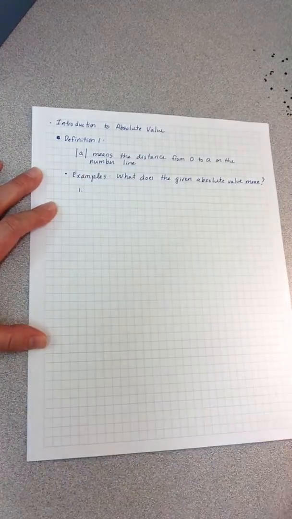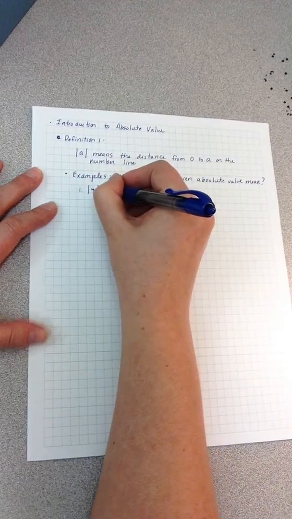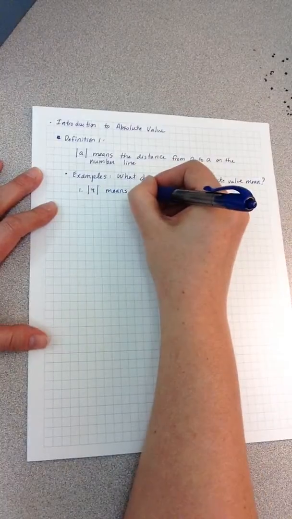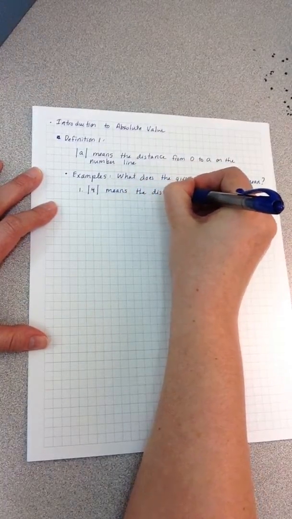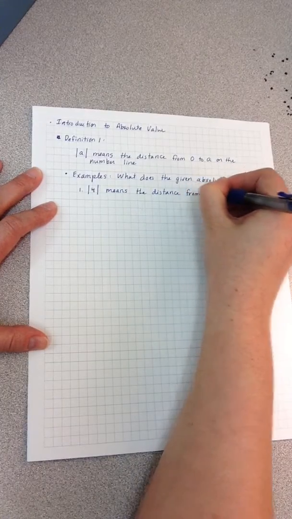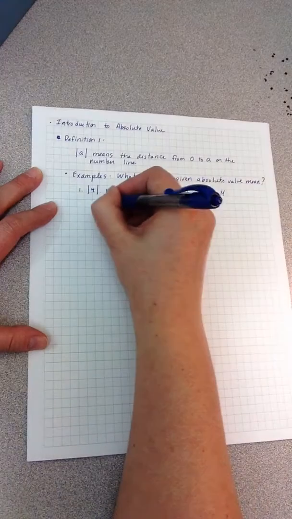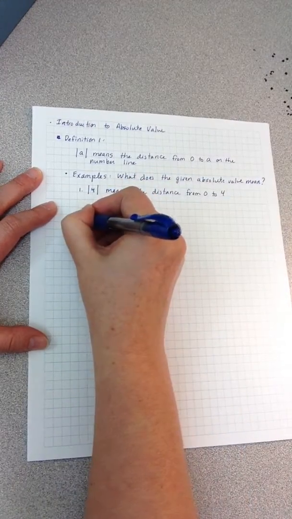So example 1, absolute value of 4. And absolute value of 4 means the distance from 0 to 4, which is 4. So the absolute value of 4 equals 4.